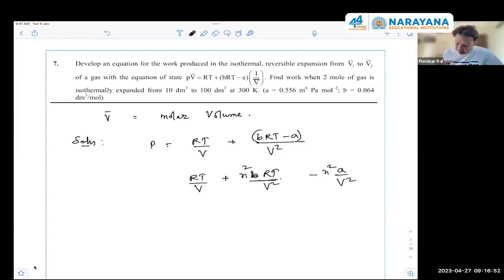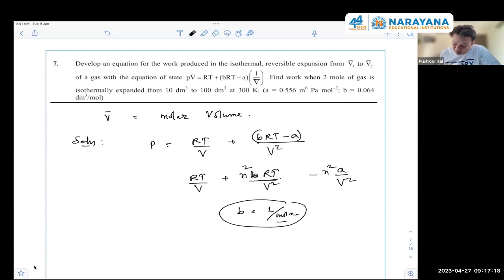Sir, because V is molar volume, so we can directly write it as V by N. V is molar volume, all right, but B is also molar volume. What is the unit of B? B is of course liter per mole. Okay, so it also has a dimension of molar volume.